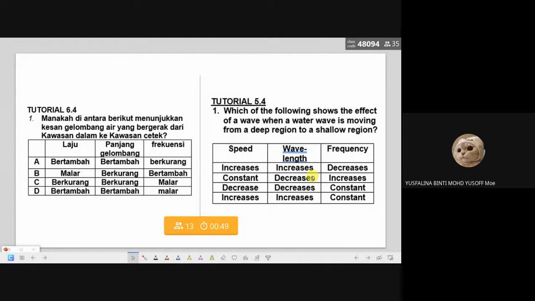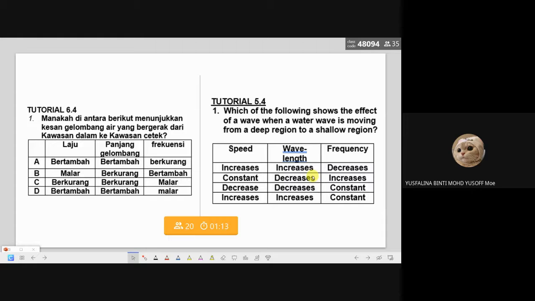The question says, which of the following shows the effect of a wave when a water wave is moving from a deep region to a shallow region? We already learned about reflection. For reflection, nothing changes, meaning the speed, the frequency, and also the wavelength are the same, except for the direction of propagation, which will change, right?